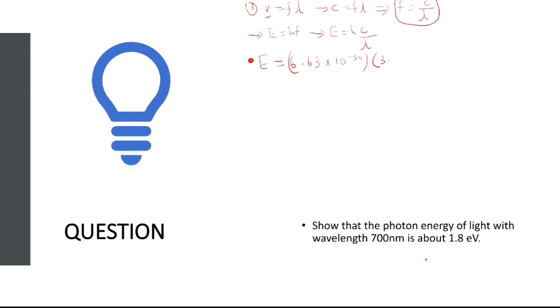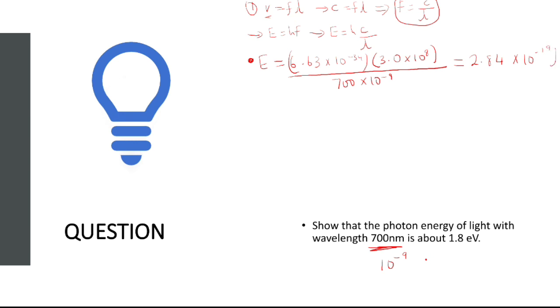The speed of light is 3.0 times 10 raised to the power of 8 meters per second. Then we divide by the wavelength, which we're already given as 700 nanometers, that is 700 times 10 raised to the power of minus 9. That should give you 2.84 times 10 raised to the power of minus 19 joules.